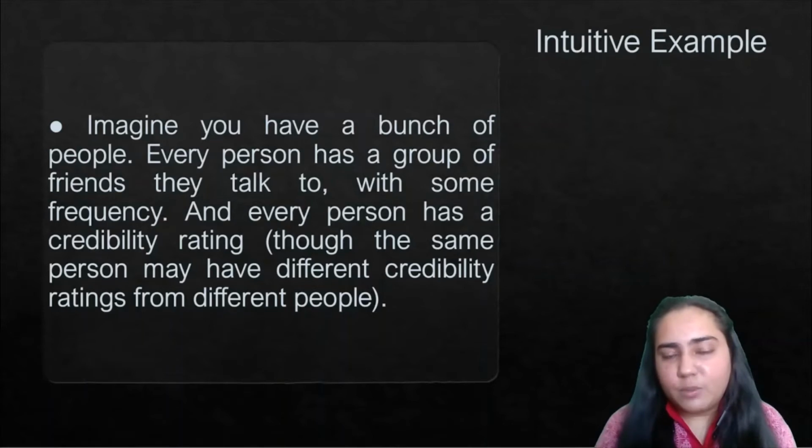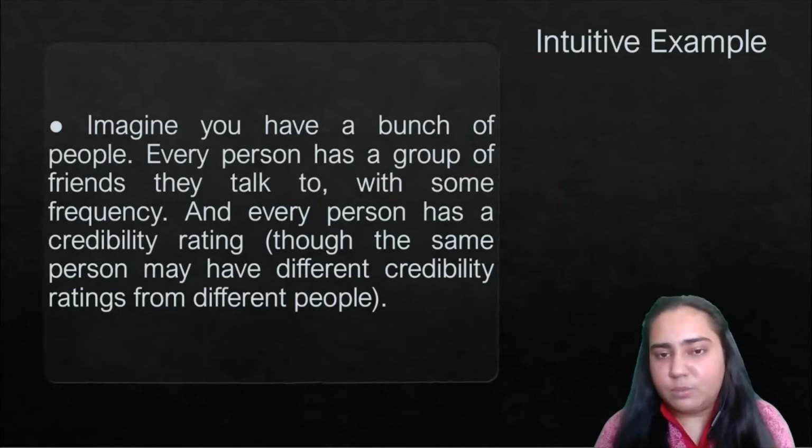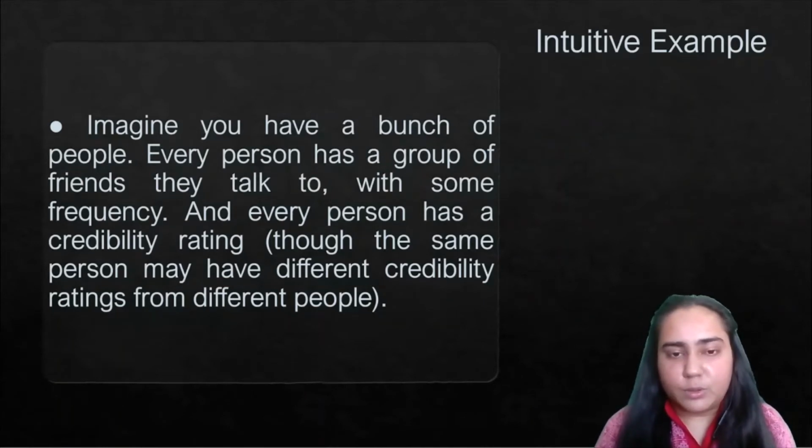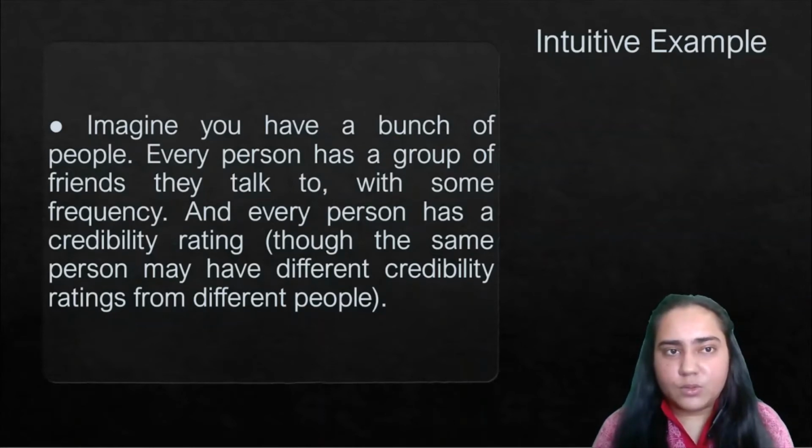So you have, say, 100 people. Every person in that group has his or her own group that they are talking to. So you might have a bunch of 100 people, and maybe I'm one of them, and I am not talking to all 100 people. I'm talking to maybe 5 or 7 of those people, because those are the people who are in my social circle.